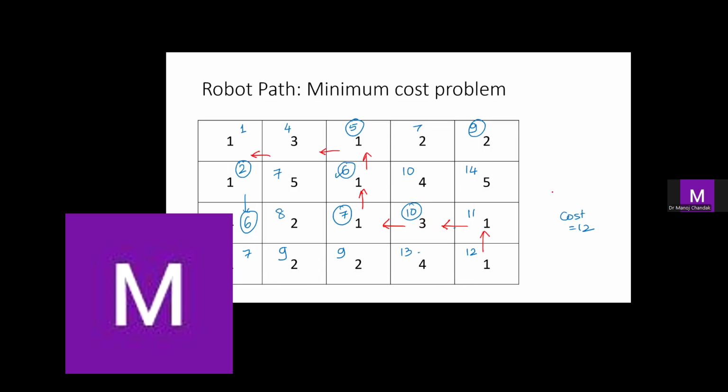So this is 1 plus 3 plus 1 plus 1 plus 1 plus 3 plus 1 plus 1. So this is 4 and 2, 6, and 7 and 3, 10 and 2, 12. I hope you understood this idea. Thank you.